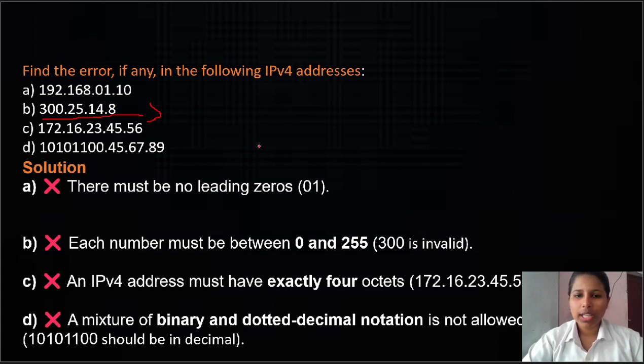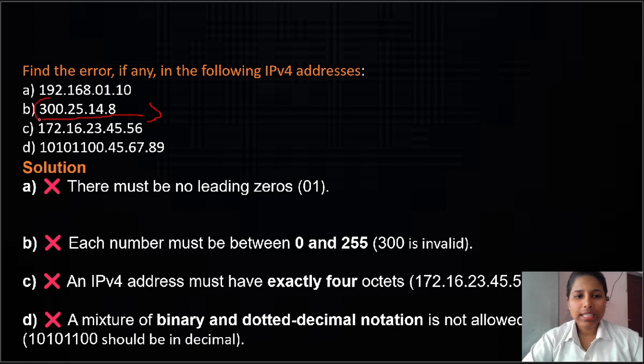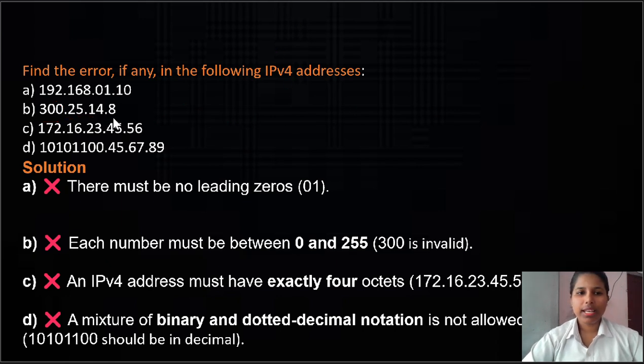We already said that the value should be between 0 and 255. Here we can see 300, which is more than 255, so it is not allowed in IPv4. This is the error: each number must have a value from 0 to 255. 300 is invalid.